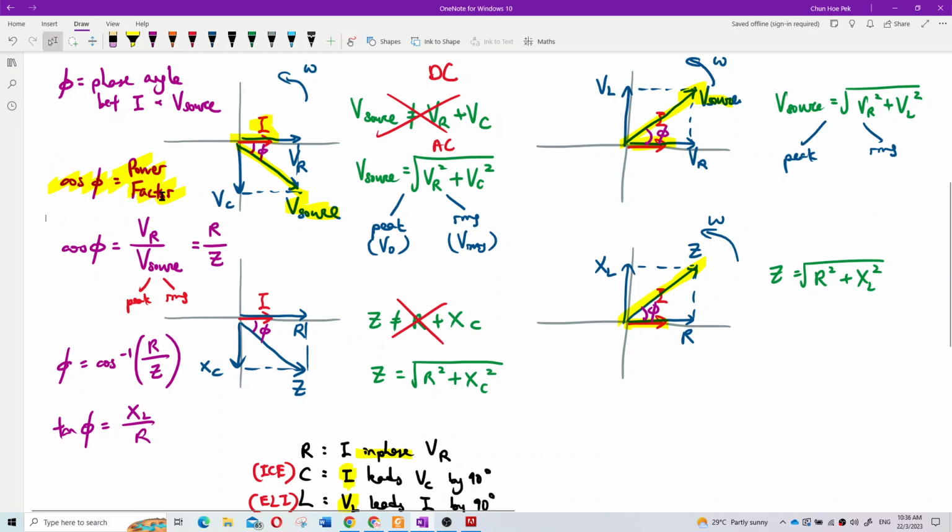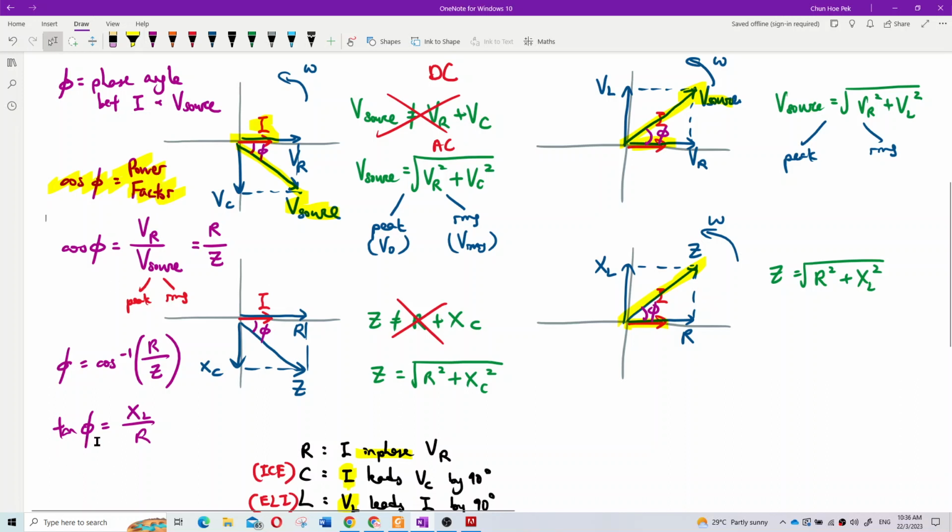What is power factor? Later in the last part of this chapter, I will talk about it, but not now. If you just want to find the value of phi, you can use tangent, sine phi, or cos phi. But since cos phi is power factor, I think better you just stick to cos phi. Because you can find two things rather than only one thing.